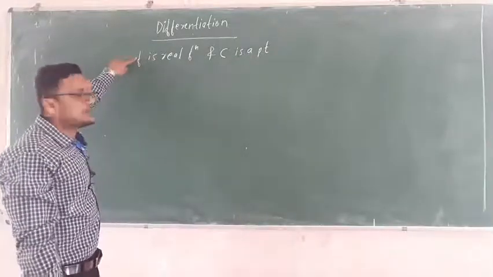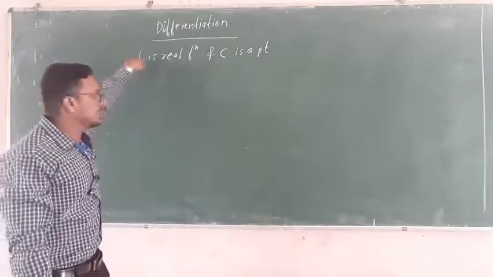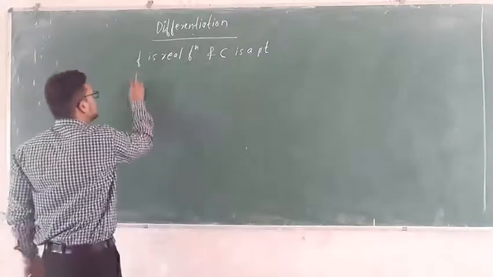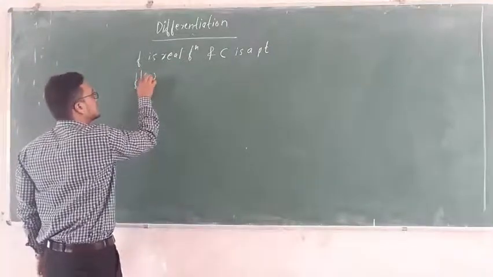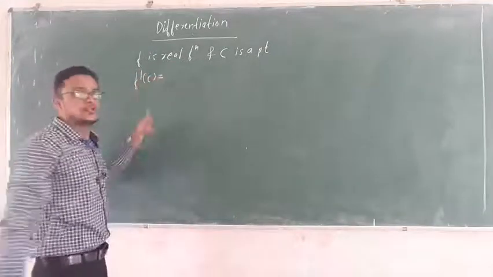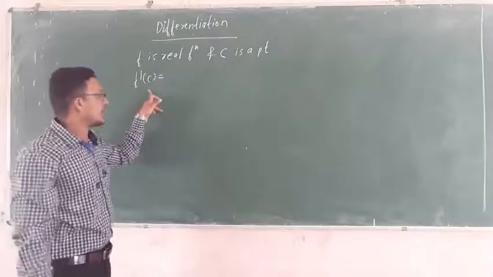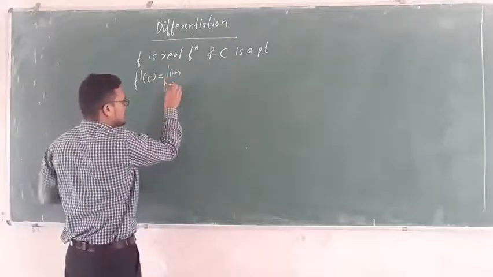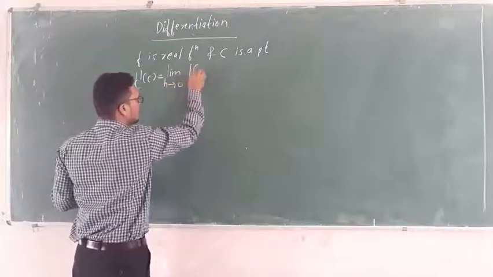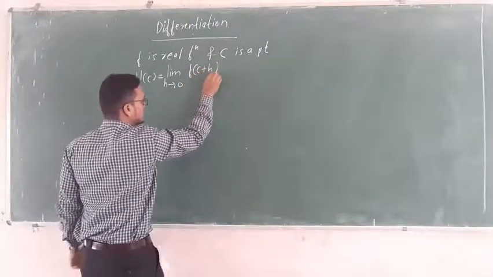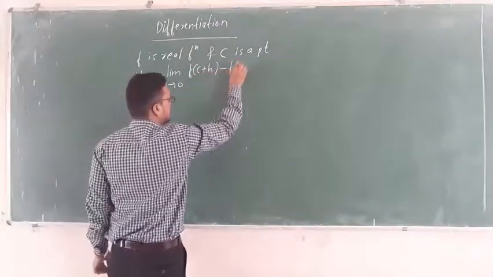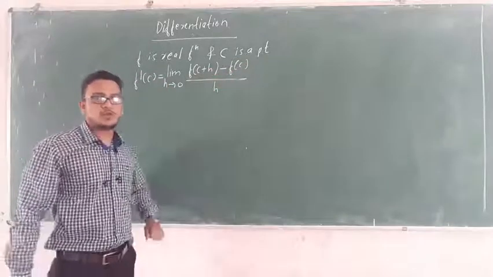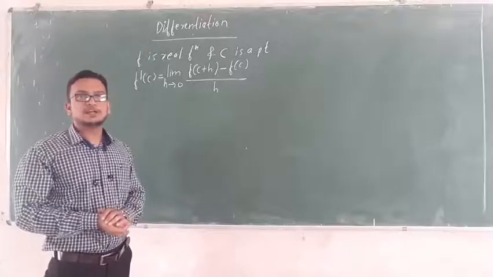Then the derivative of this function f at the point C is denoted by f dash of C, and is given by limit h tends to 0 of f of C plus h minus f of C divided by h. So this is the formula to find out the derivative.